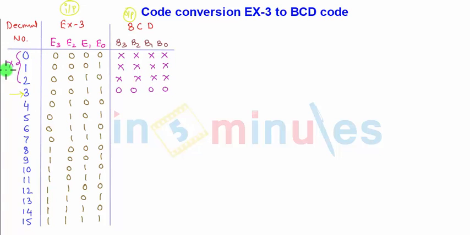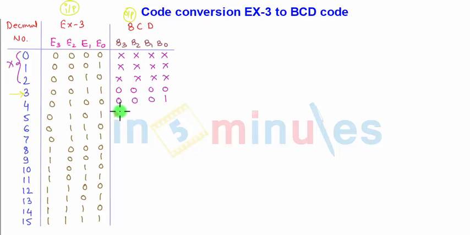Now starting from 4 onwards we have the BCD codes. For XS3 4 we have BCD 0 0 0 1. Now it will be adding up linearly, because each digit is added up one by one, 3 to 4, 4 to 5. So here it will go from 0 to 1, 1 to 2.